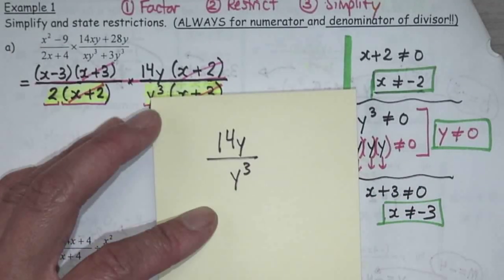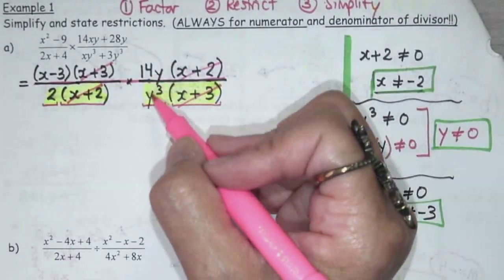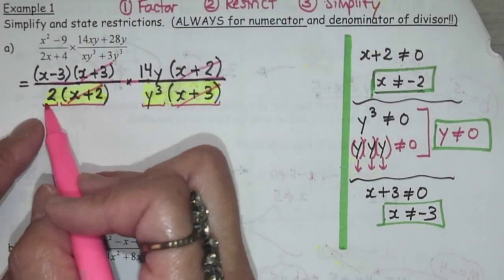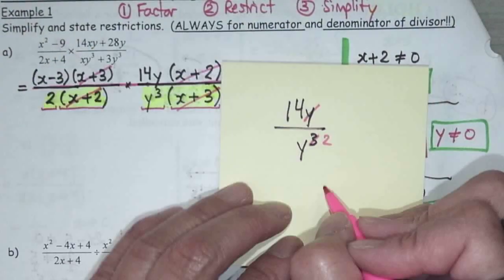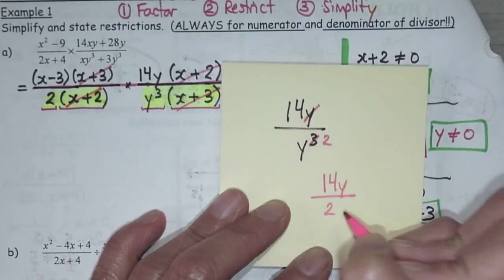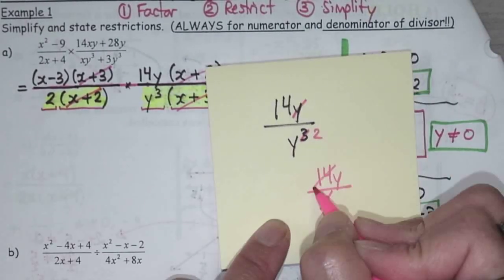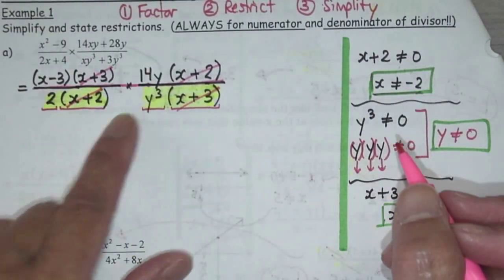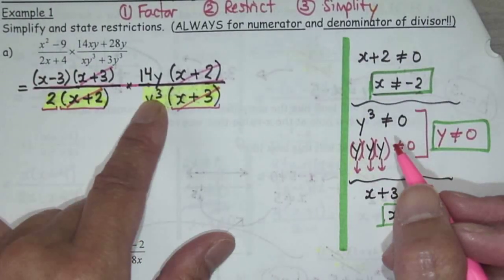The y, and I would have y squared left. So you're still allowed to cancel monomials. It doesn't have to just be the binomials. I have a 2 over here as well. If I had the 14y and a 2, can I not cancel those as well? Make it a 7, 2 goes into 14. So you are allowed to cancel all those monomials together.